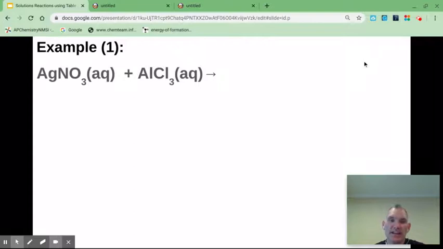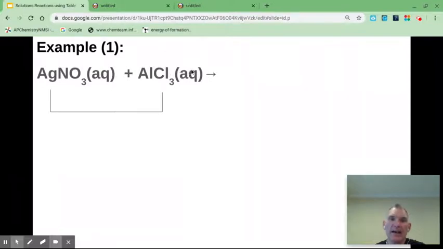So first thing, I need to remember this is a double replacement reaction. So my partners are going to switch. So I'm going to draw that in. My Ag is going to leave NO3 and join with Cl. The reason why this works, Ag is plus, Cl is minus.